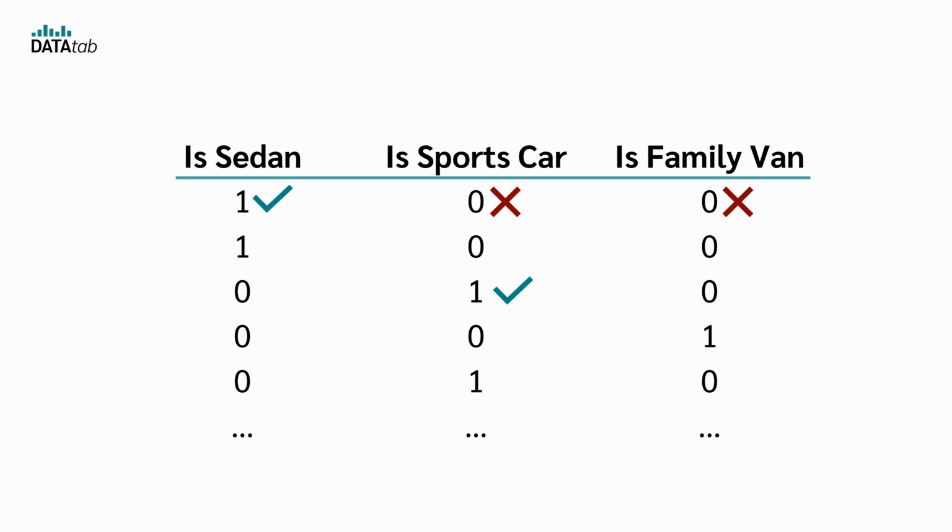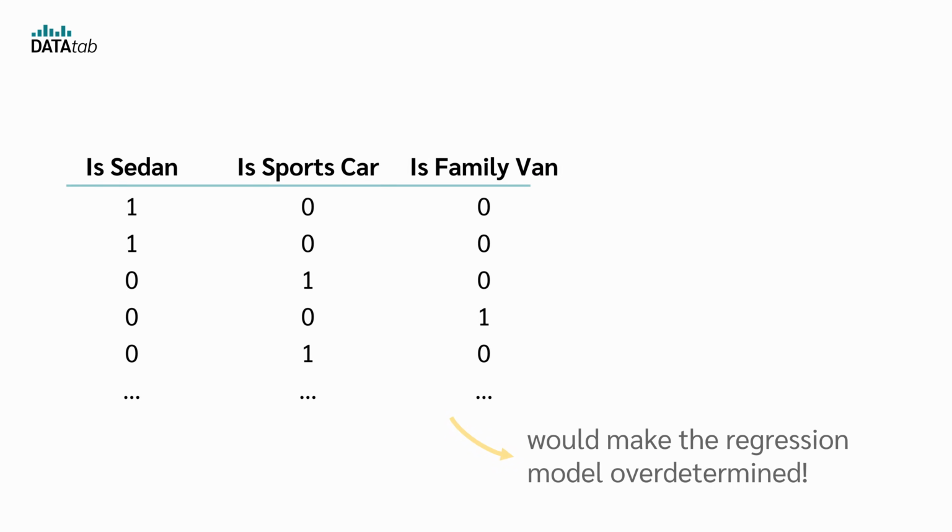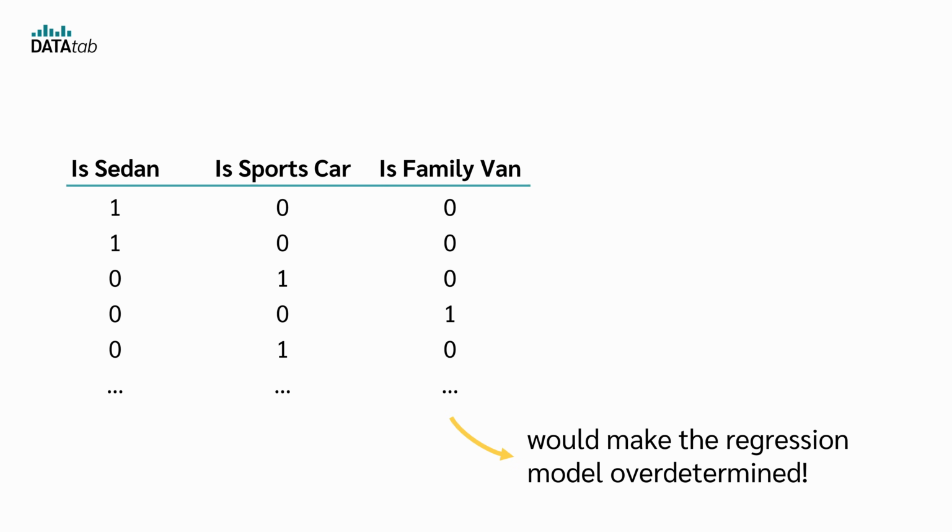Similarly, if we know it's a sports car, we can infer that it's not a sedan or a family van. Finally, if it's neither a sedan nor a sports car, we know it must be a family van. This means we can express the same information with just two variables instead of three. Including all three variables would make the regression model overdetermined.